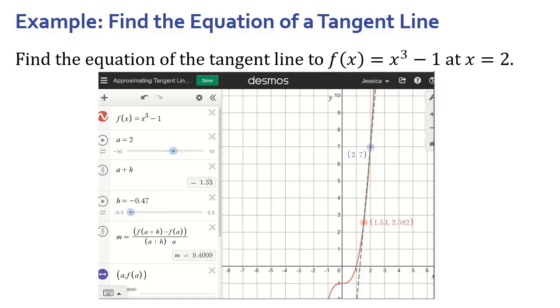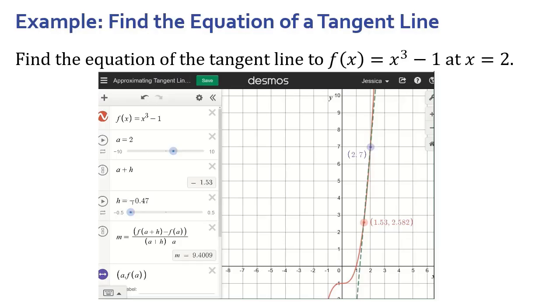So you can see this a plus h, 1.53, is right here. If I did 2, which is our a, minus 0.47, or plus a negative 0.47, is when we get this. So that h value represents how far away my second point, this 1.53, is from the actual value.